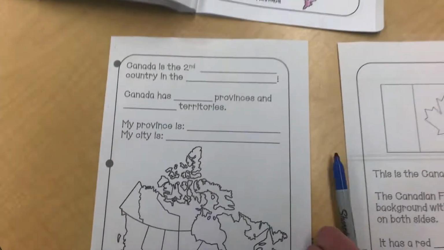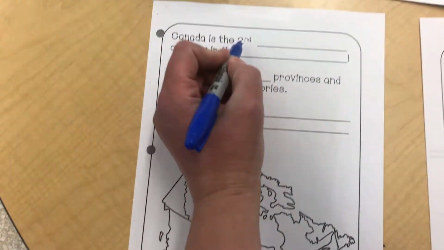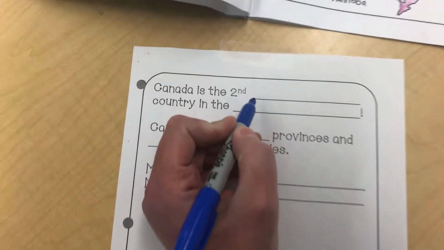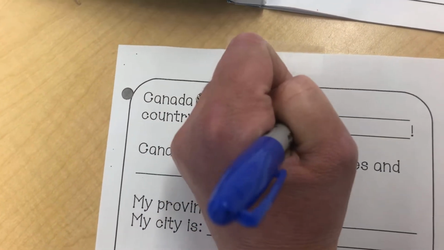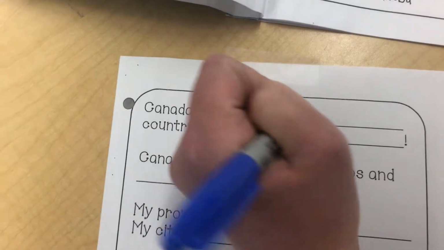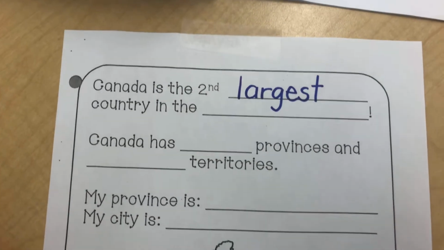Now we're going to work on our worksheets together. So make sure that you have your pencil with you because you're going to work with me to fill in the blanks, okay? So we're going to start off with this first one here. And it says at the top, Canada is the second, we're going to write the word largest, L-A-R-G-E-S-T, largest.